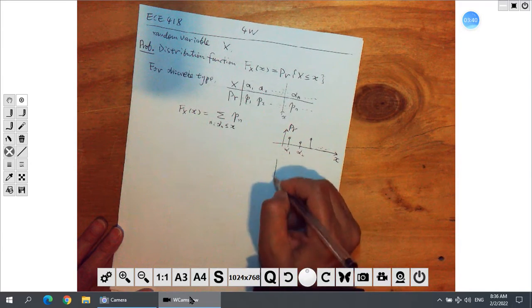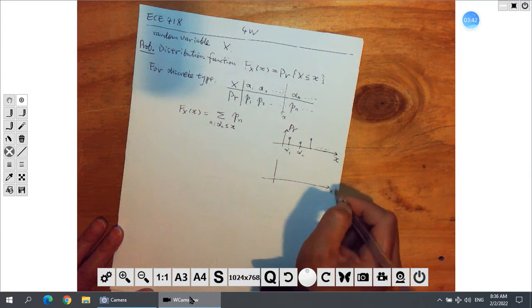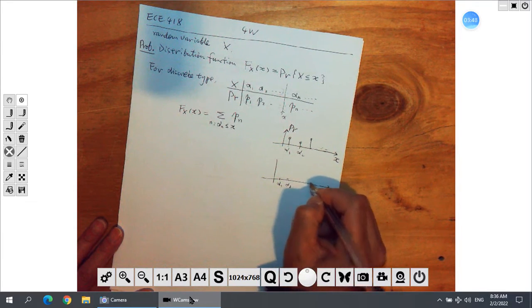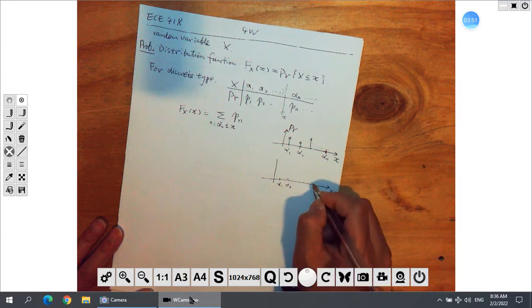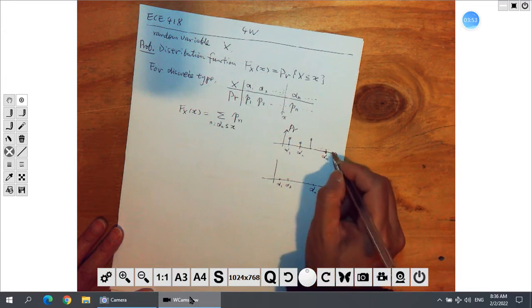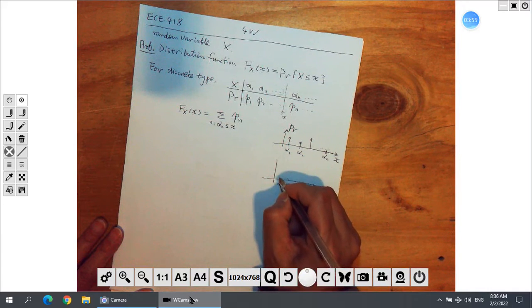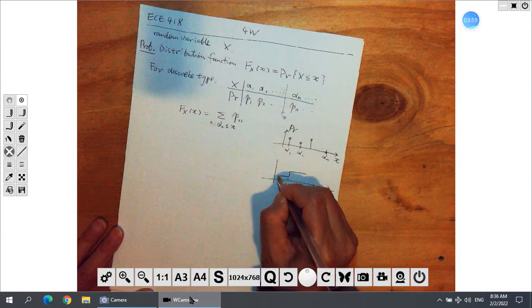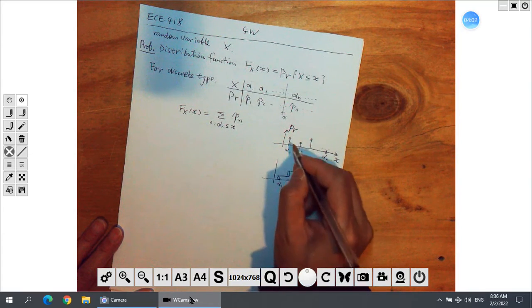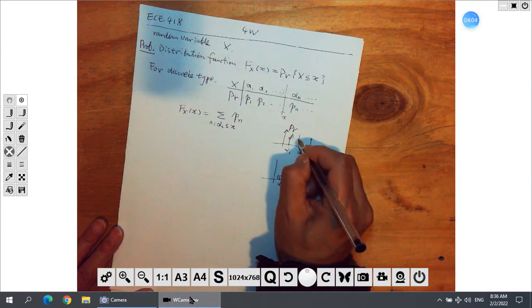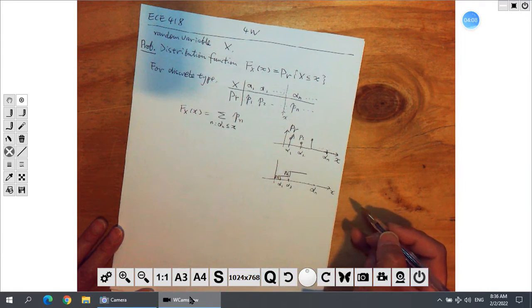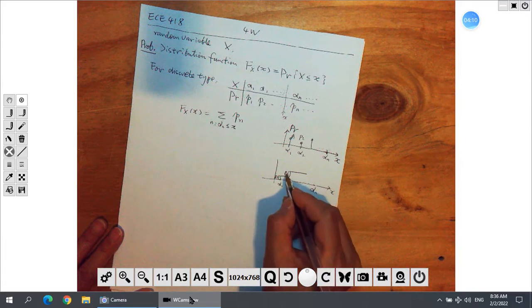Then for the CDF, the distribution function, you still have alpha 1, alpha 2, until some alpha n, or maybe more. At each location you have a step, and these steps are just these values: here's p1, here's p2.